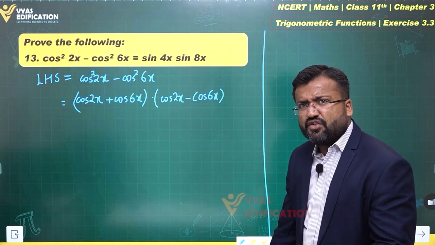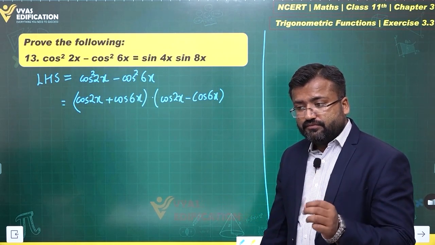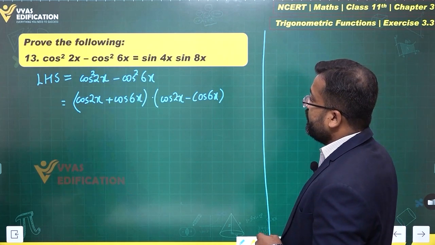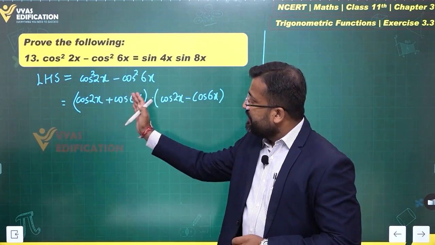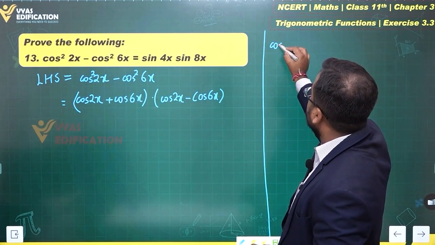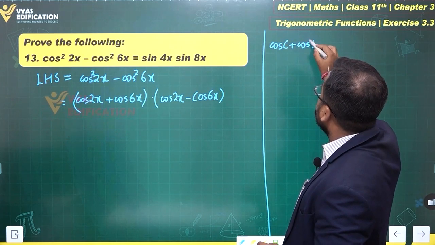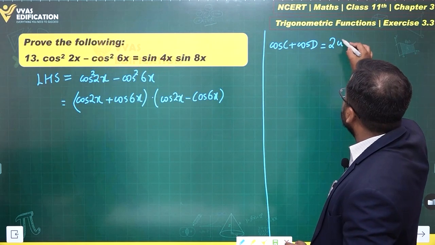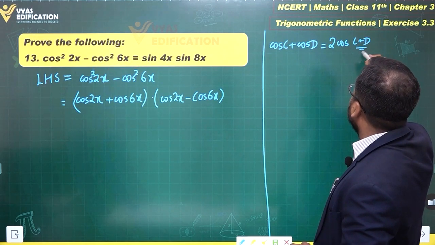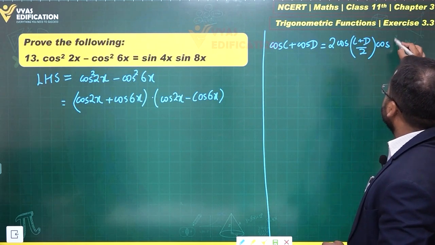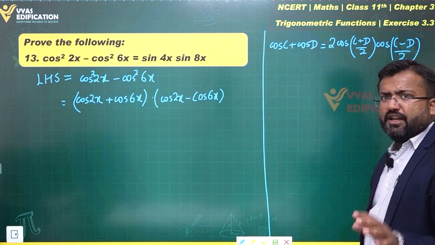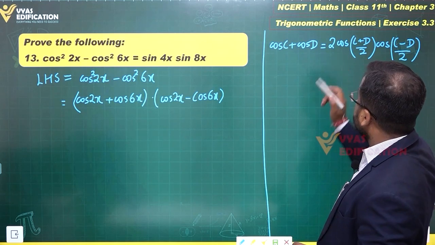What next? I'll require two important transformation formulae. Now what are those that I would require over here? Cos c plus cos d. Cos c plus cos d is equal to 2 cos of c plus d by 2 times cos of c minus d by 2, and that is something which is given in your textbook, right? So this is something which you may be aware of.